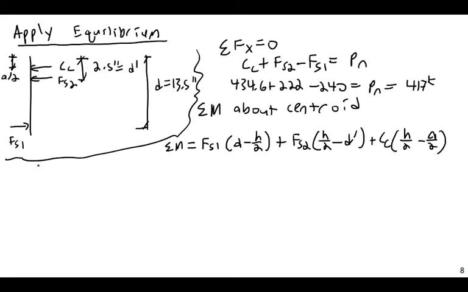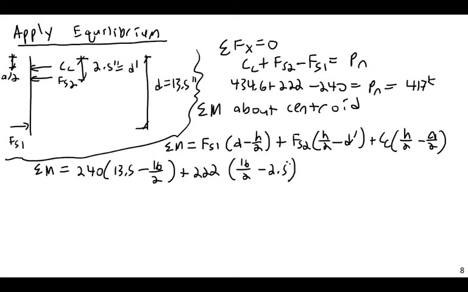Then putting in numbers, this is 240 times 13.5 minus 16 over 2, plus 222 times 16 over 2 minus 2.5, plus 434 times 16 over 2 minus 6.39 over 2.